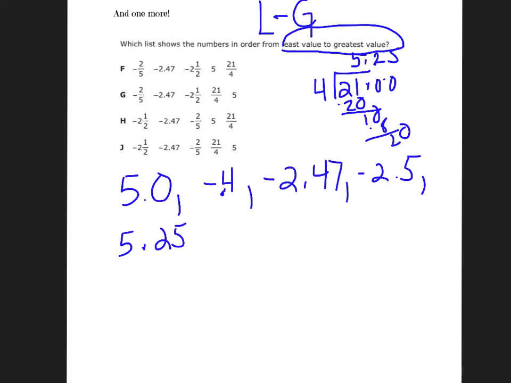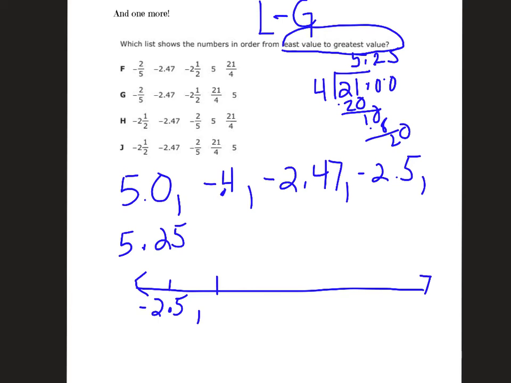Okay, so if we're thinking about a number line, which number would go to the furthest left? Because left is less. So if we had a number line, negative 2 5/10 would be at the furthest left out of all these numbers.